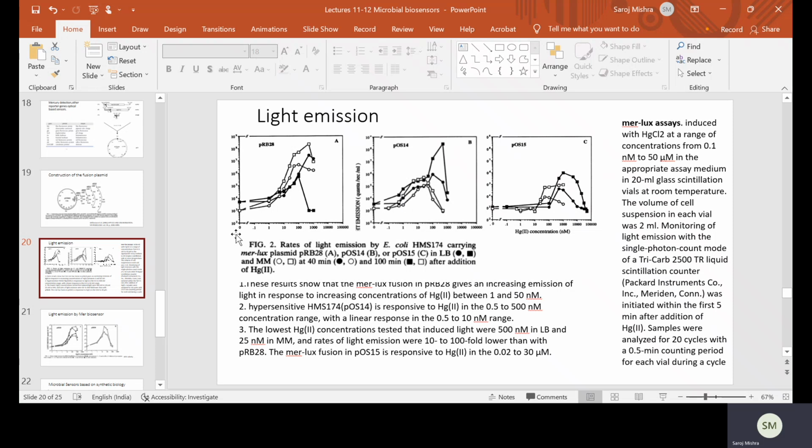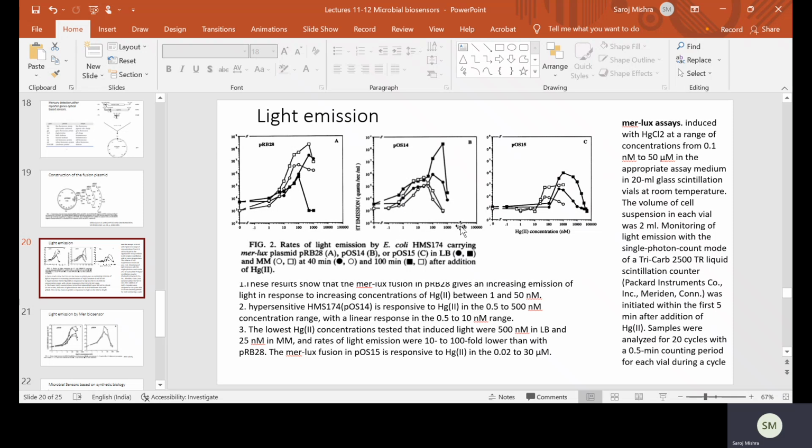That is, transcription occurs along the lux operon even in the absence of the mercuric ions. This is a very common property in biological systems, that there is a leaky expression. So when you see a number here at 0 mercury concentration, you are still reading a number.